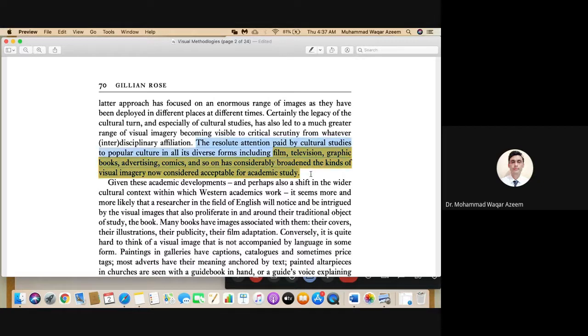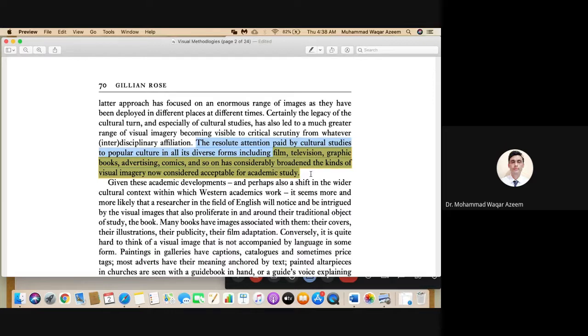So if you are with me and you can see the screen, let's review some parts of this chapter. So, for example, here, Gillian Rose would say the resolute attention paid by cultural studies to popular culture in all its diverse forms, including film, television, graphic books, right, advertising, comics, and so on, has considerably broadened the kinds of visual imagery now considered acceptable for academic study, right?